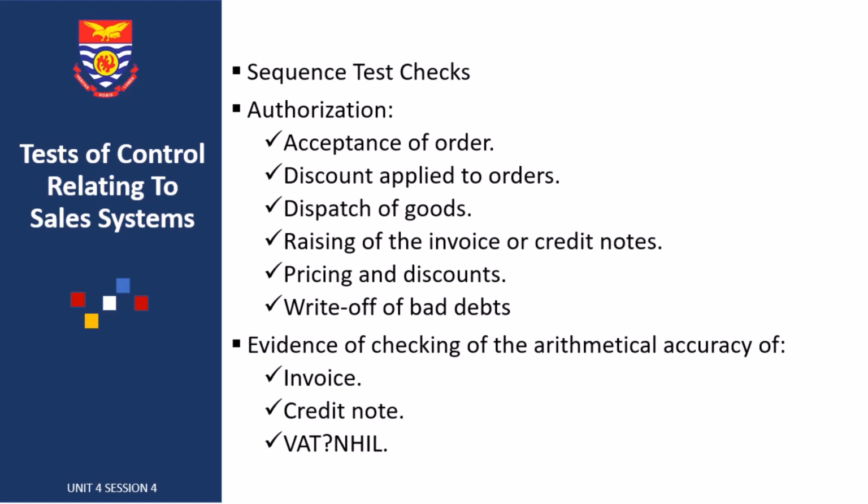Now the other heading we test this control is the evidence of checking of the arithmetical accuracy. So you have to check for the arithmetical accuracy of invoice, credit note, we have VAT and NHIL. So you have to check for the arithmetical accuracy of this and obtain evidence for them.